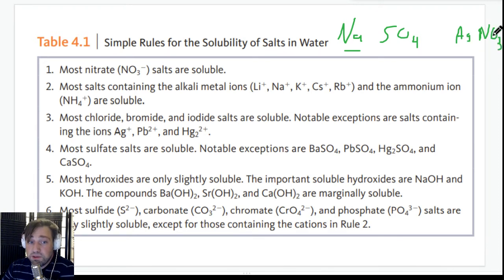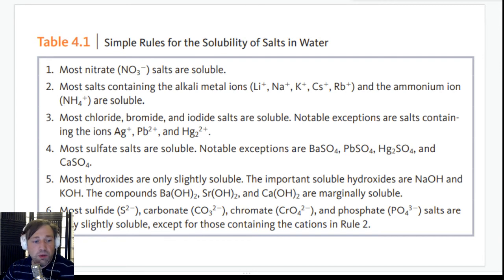You know that this is also going to be soluble because nitrates are always soluble. But if I mix these 2 together, silver sulfate doesn't have these 2 rules. At that point, you can just say silver sulfate's going to be the precipitate because it doesn't fit these rules. Okay. So that is these rules.